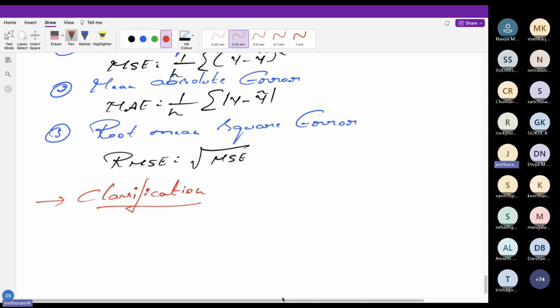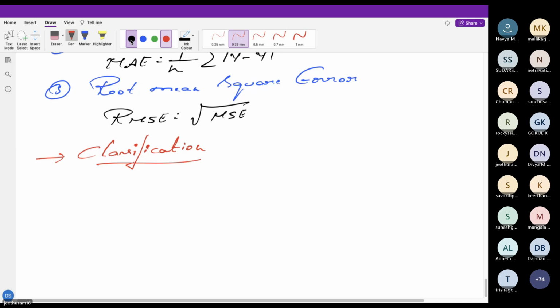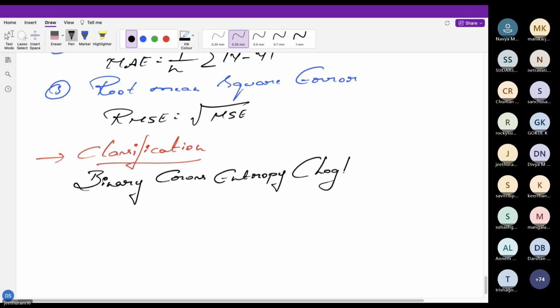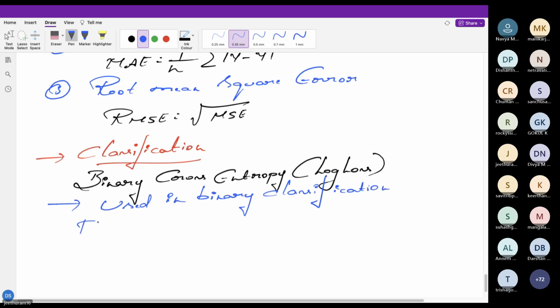So when it's a binary classification problem, we use a concept called binary cross entropy, which is also called a log loss. Binary classification in the sense like two classes will be there.